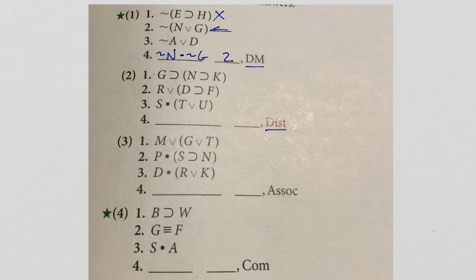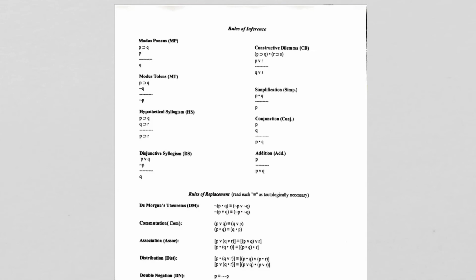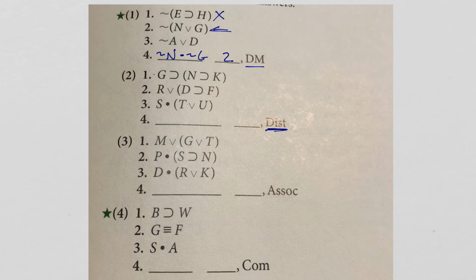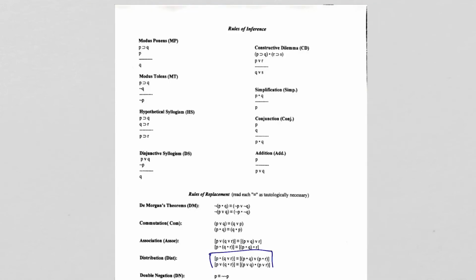This next one, they want us to use distribution. So let's just look at distribution. If you'll notice, there's a dot and then a wedge, or a wedge and then a dot. Let's go back over here. This first one's not going to work, it's two horseshoes. The second one's not going to work, there's a horseshoe in there. The third one could work, so we have a dot first.